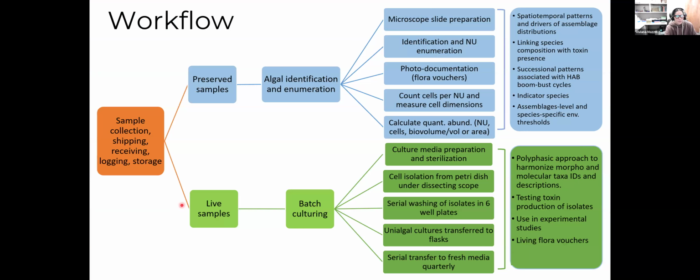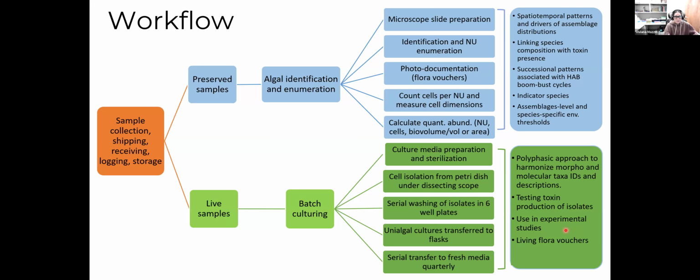And so for the culturing part of things, what we're using those cultures for, one of the work plan objectives for our IST group is a polyphasic analysis of cyanobacteria that is attempting to harmonize morphological and molecular based cyanobacteria identifications and descriptions.